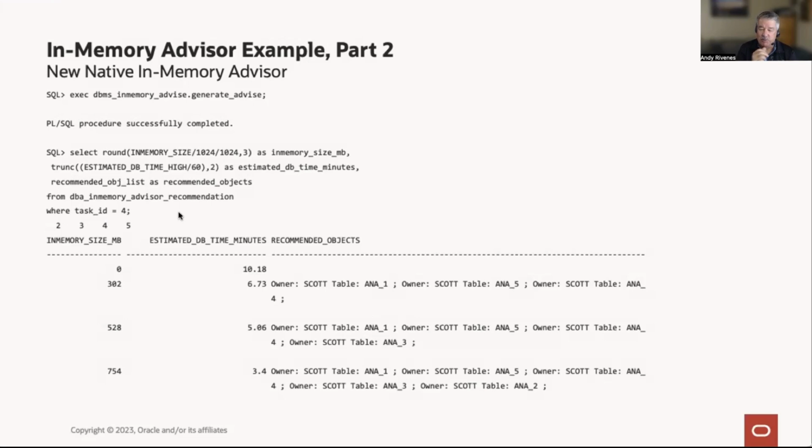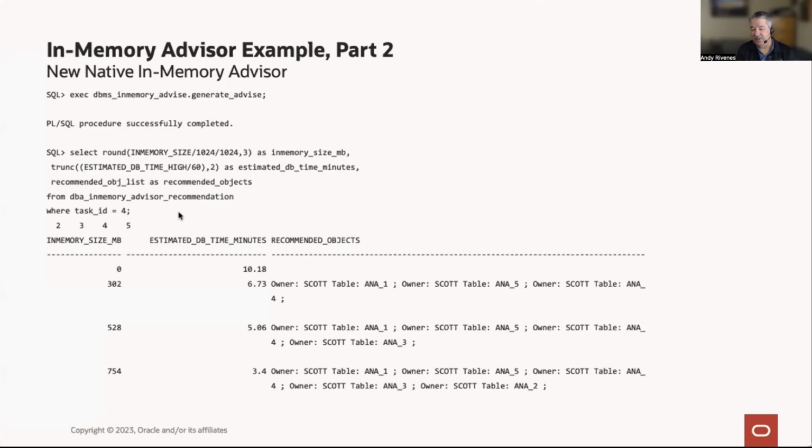So it should be more accurate, and it's already embedded in the database, so there's no need to install something separate, which can be a huge advantage for folks in production environments wanting to take a look at this to determine what objects might make sense that they've missed out on, without having to install a package and go through the QA to do that.